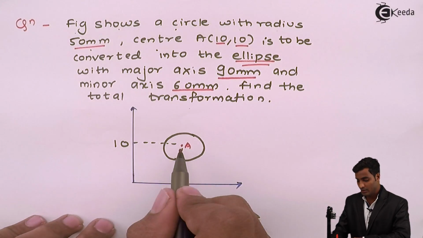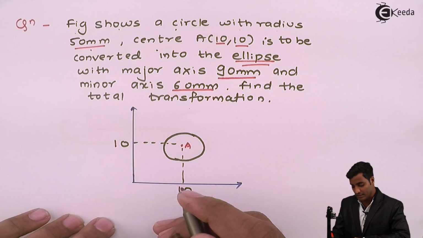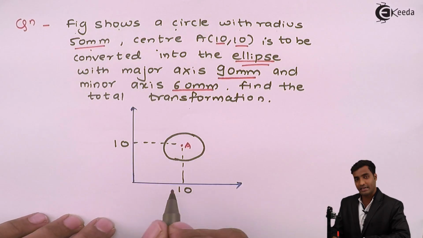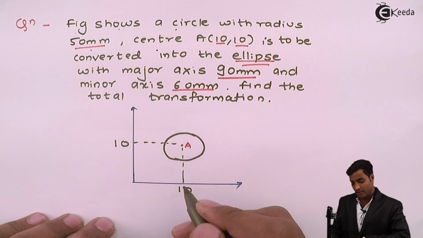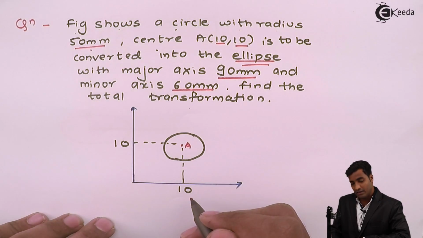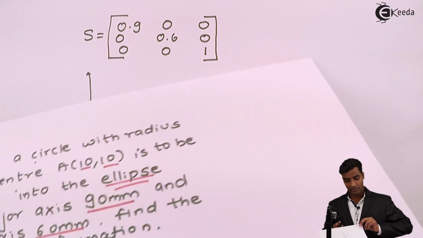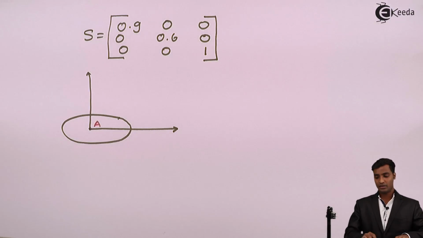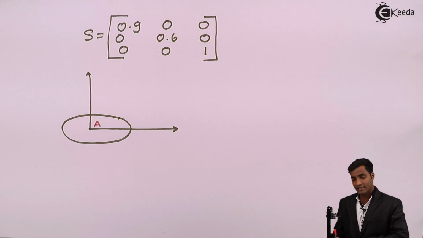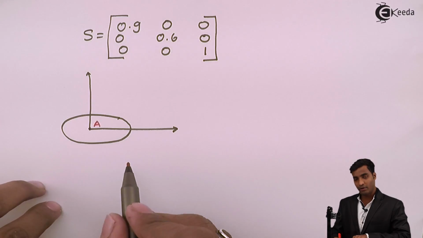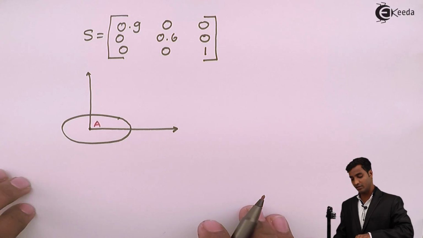In the problem, the circle was away from the origin by 10 in x direction and 10 in y direction, that is, point A has coordinates 10 for x and 10 for y. So for that we have to perform the translation transformation, so that it will resemble the original position.